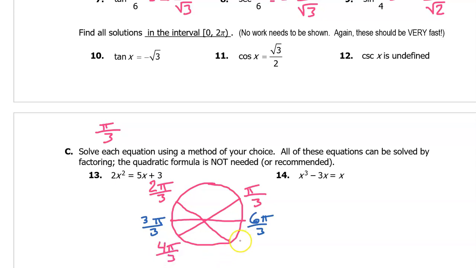And in the fourth quadrant, it is 5 pi over 3. So all we have to worry about is which quadrant will we be in? Well, the tangent is negative in the second quadrant and the fourth quadrant. That's why the solutions will be 2 pi over 3 and 5 pi over 3.